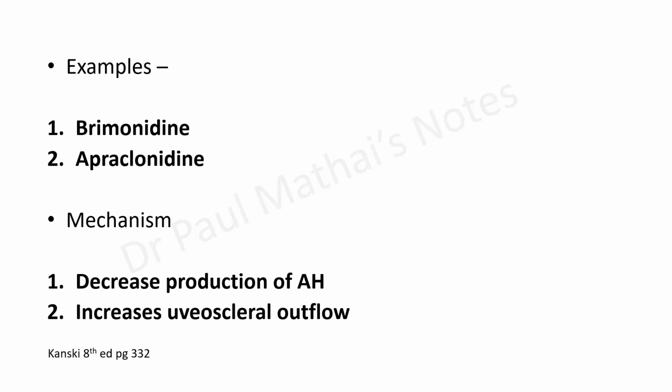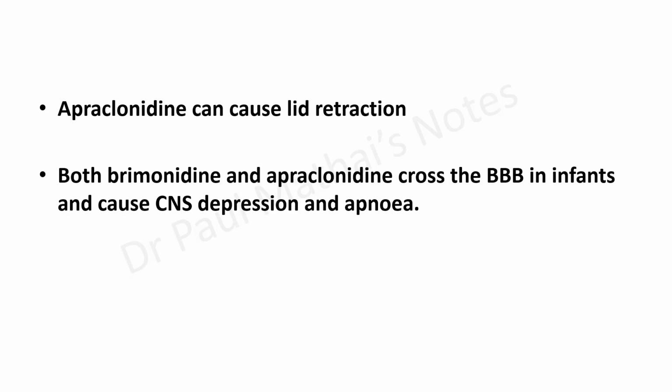The selective alpha 2 agonists include brimonidine and apraclonidine. The mechanism is the same. Apraclonidine can cause lid retraction, and both brimonidine and apraclonidine can cross the blood-brain barrier in infants and therefore can cause CNS depression and apnea in infants.